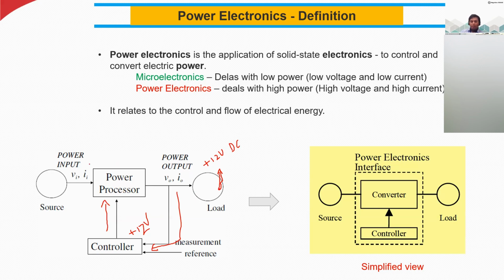Then the power processor will process the incoming input voltage and current. Maybe here, for example, I am getting 230 volt AC, single phase, 50 hertz frequency. So now this power processor has a reference. This is called the error signal.